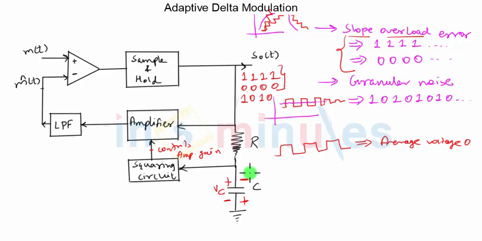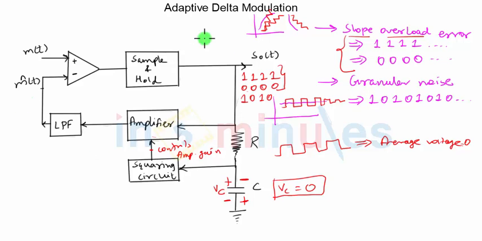That means the capacitor will charge, discharge, and hence the voltage VC across the capacitor in this case will be 0. Now if that is the case, the output of the squaring circuit will also be 0, and this will indicate that the amplifier has to reduce the gain. With 0 control input to the amplifier, the gain of the amplifier will be reduced greatly, and that's how the MCAP-T step size will reduce and the granular noise will be avoided.